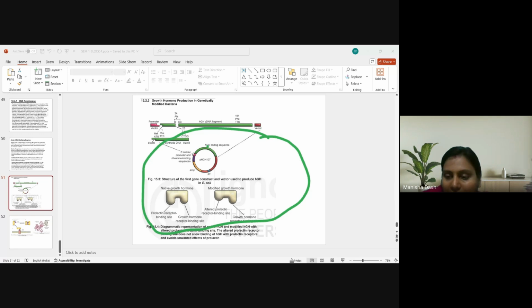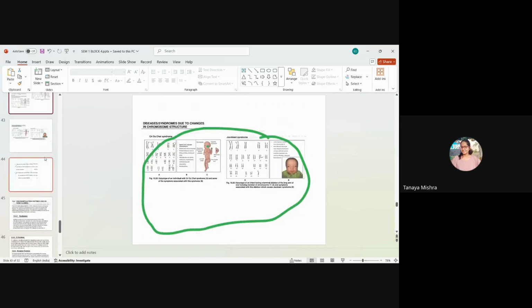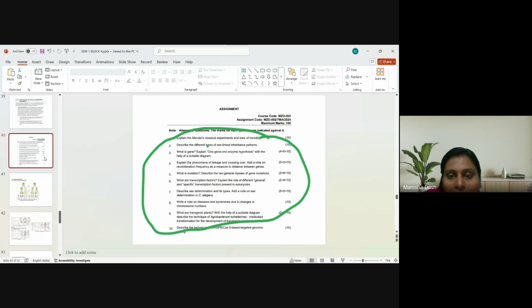So these are the few things I wanted to inform you. I think I already mentioned what could be the possible important questions. From this part only you can choose. I don't think you will be getting questions from this, but you might get questions like lethal alleles and epistasis.